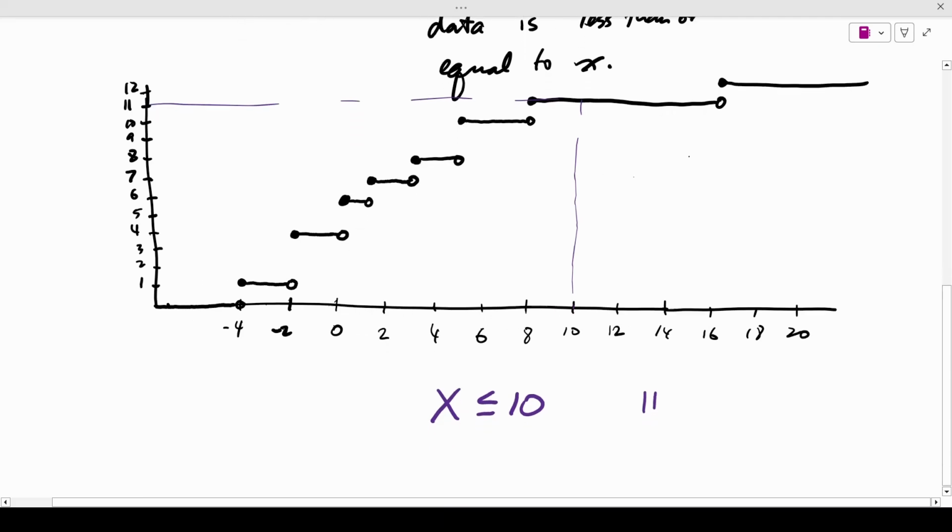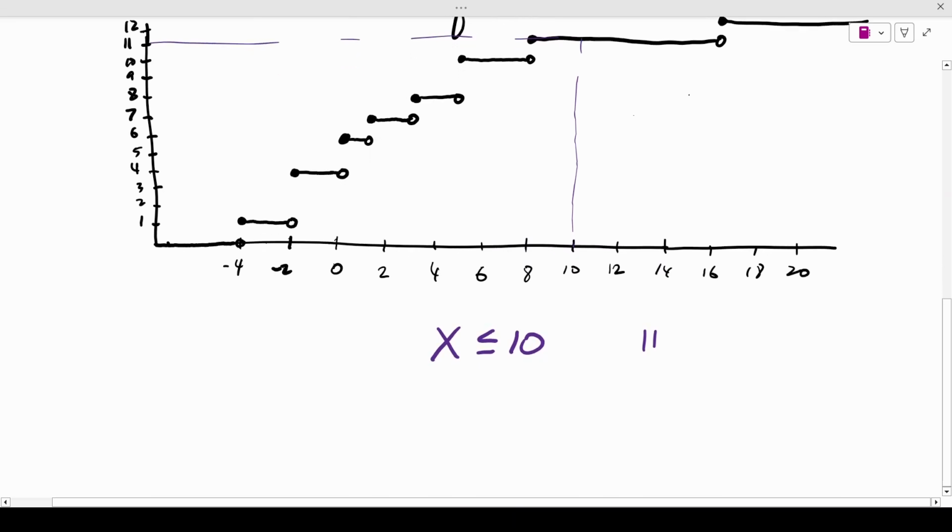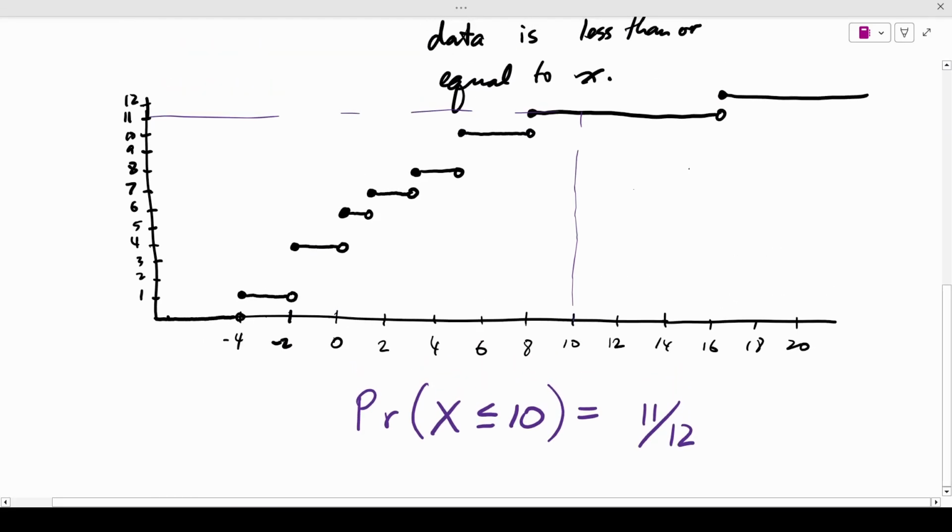And to make a little connection here, if we were talking about probability, we would say the probability that a data point is less than or equal to 10 is 11 out of 12, because we have 12 total data points. That's jumping ahead a little bit, but it's not that much of a jump, really.